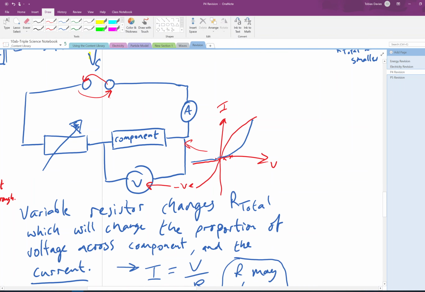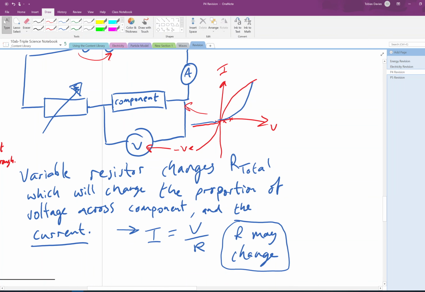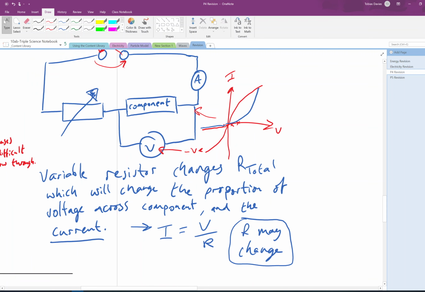Okay, so the variable resistor will change the total resistance, which changes the current, and it changes the potential difference that is available for that component. So in changing this here, we're going to end up changing the voltage here.